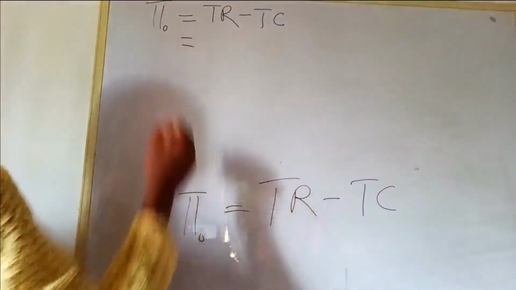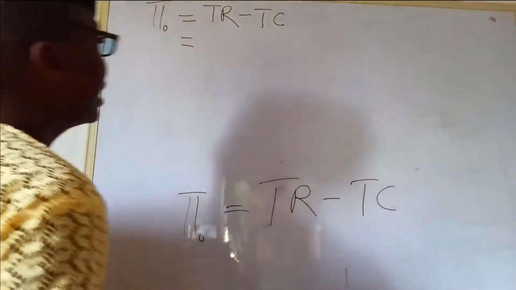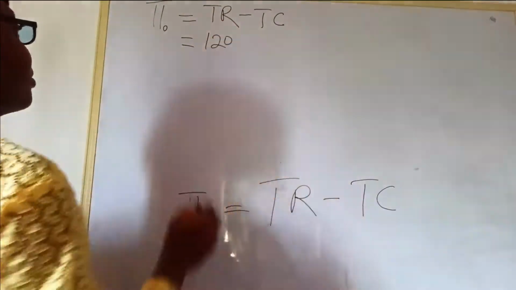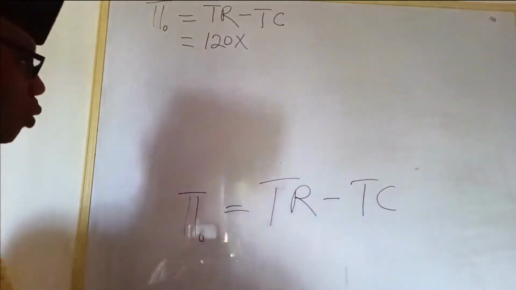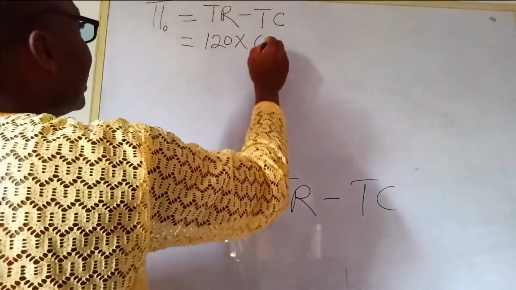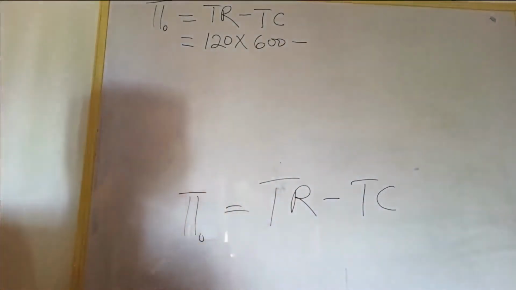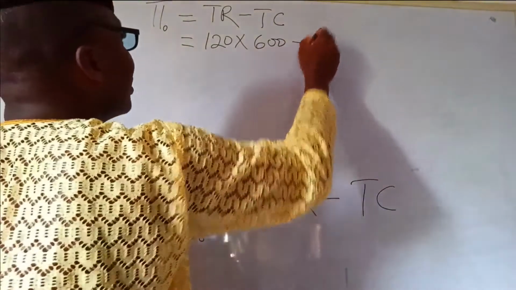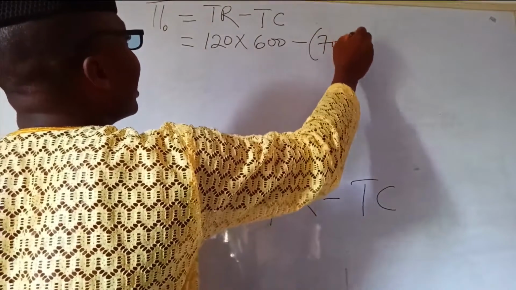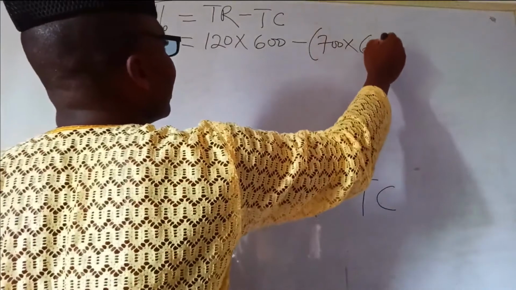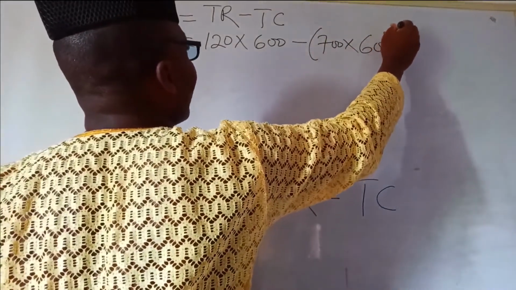We already know that total revenue simply means the price, which in this case is 120, times the quantity. The quantity is 600. Subtract the total cost. We are given the total cost function to be 700 times Q, where Q is 600 raised to power 0.67.